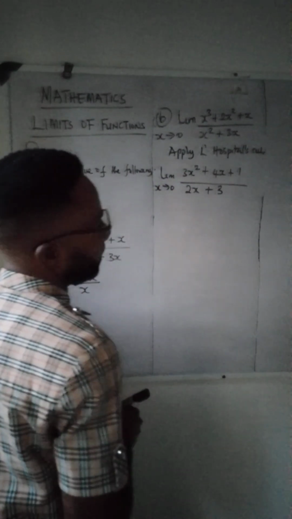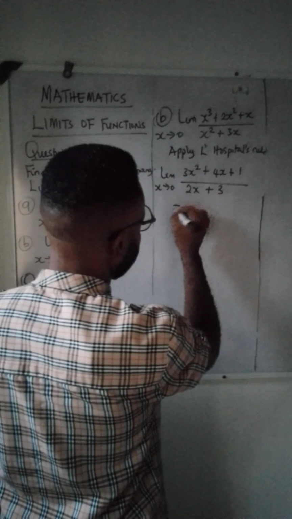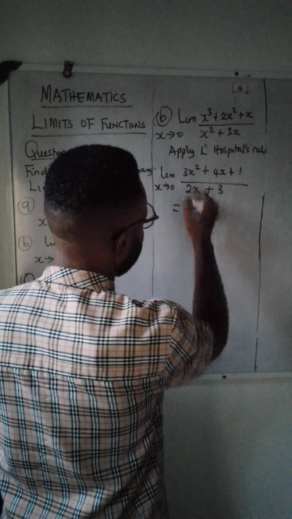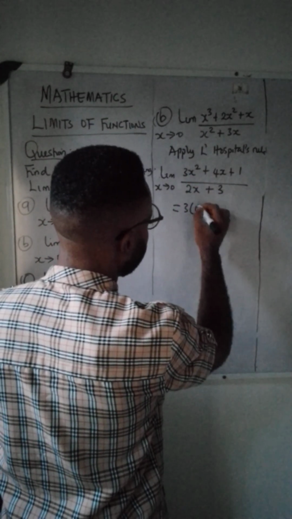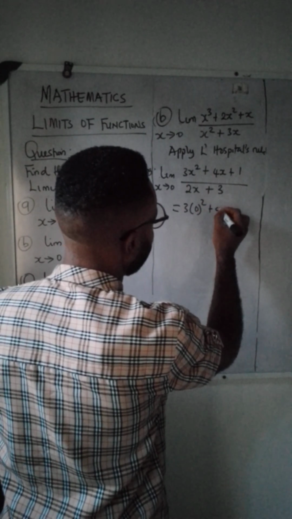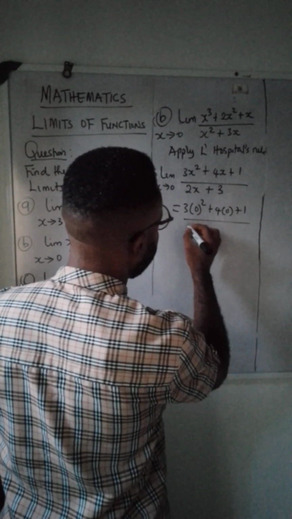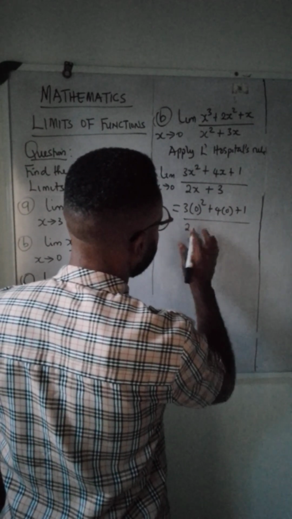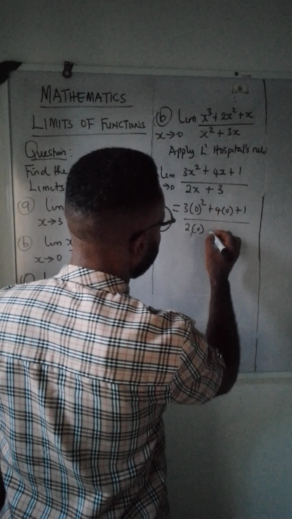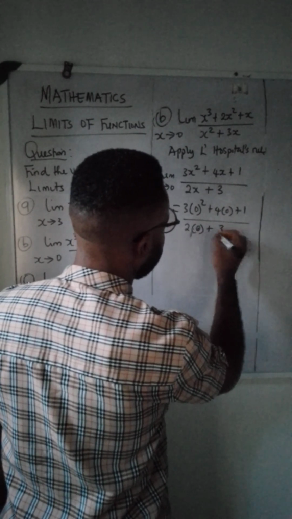So we can now bring in the value of x. This will be 3 into 0 all squared plus 4 into 0 plus 1, divided by 2 into 0 for the denominator plus 3.